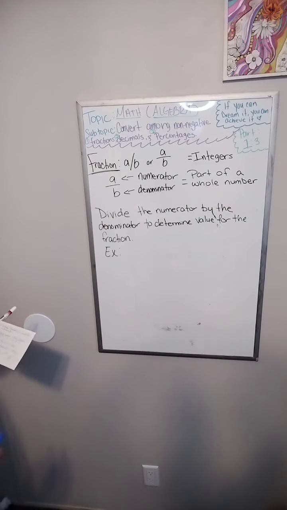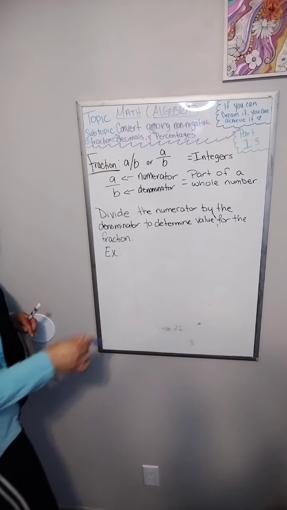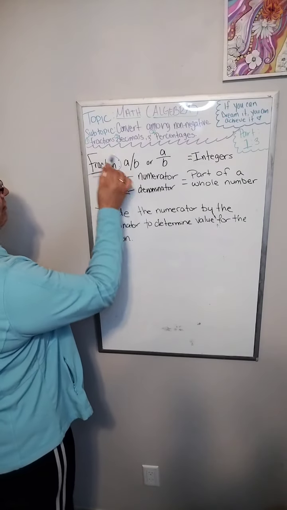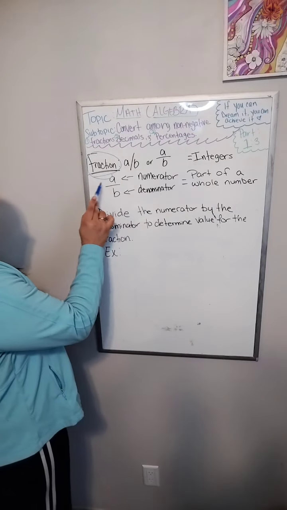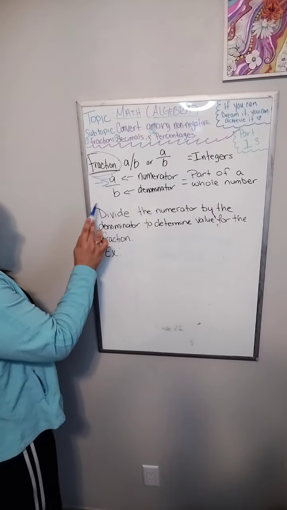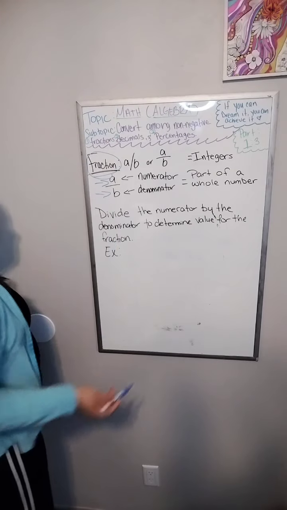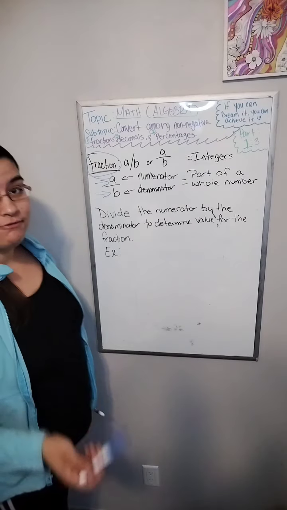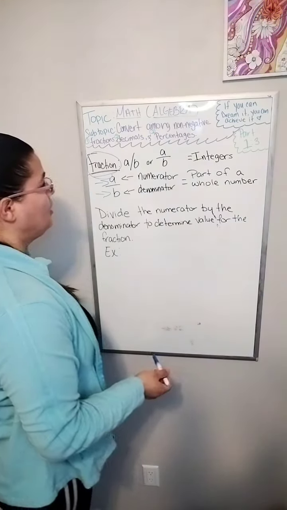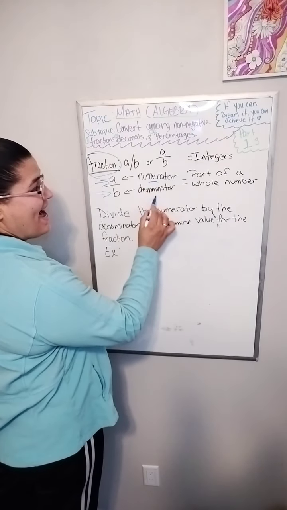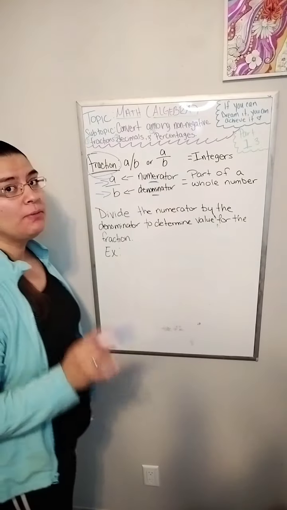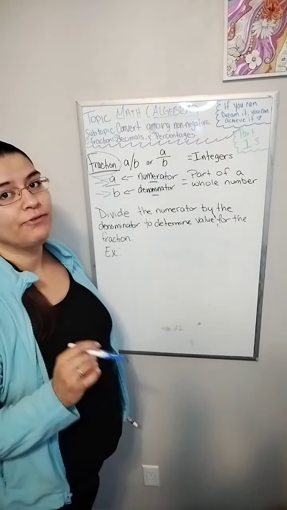In order to find the fraction, we would have to divide the numerator, this one, by the denominator, this one. And it's very important that you divide the top number by the bottom number, not the bottom number by the top number, because it will give you a different result.